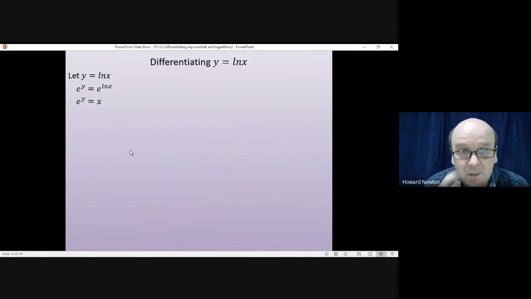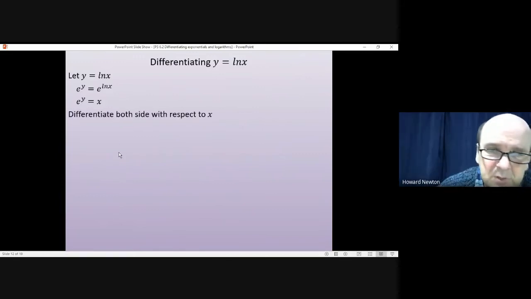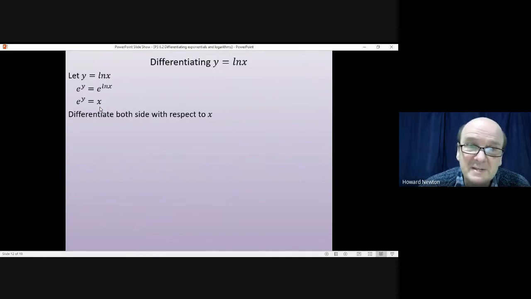Having done that, we then differentiate both sides. Now, differentiating both sides with respect to x. The right-hand side is easy to differentiate. If you differentiate x, you just get 1. Differentiating e to the power of y with respect to x, that's more tricky. We have to use both the chain rule and implicit differentiation.